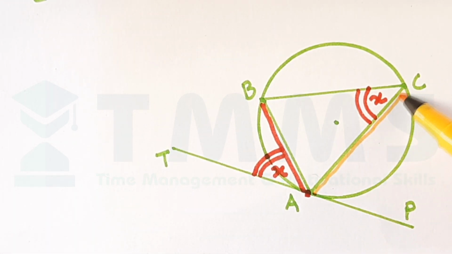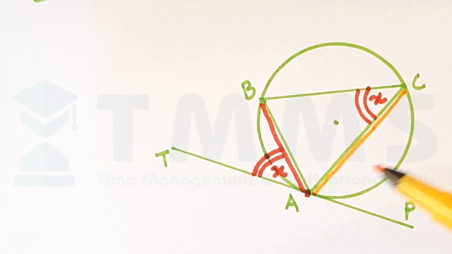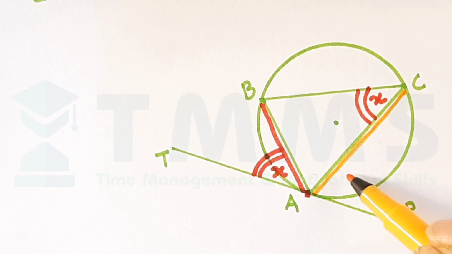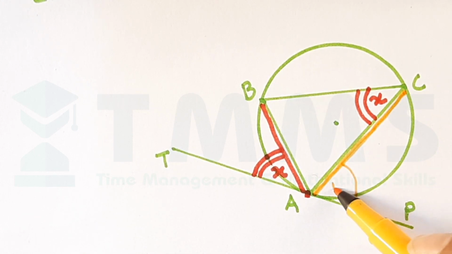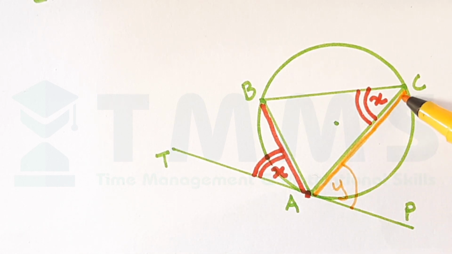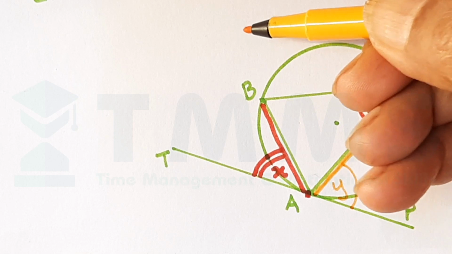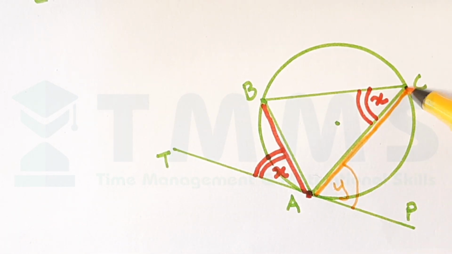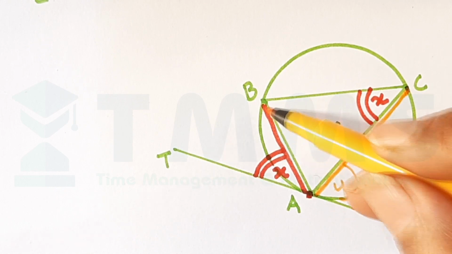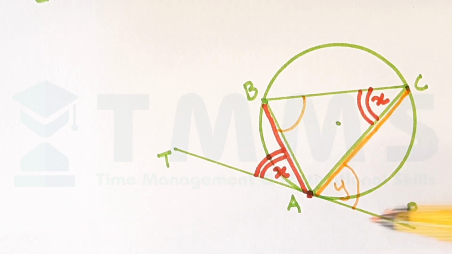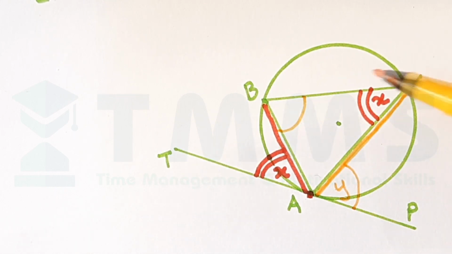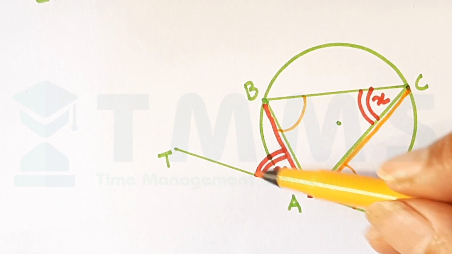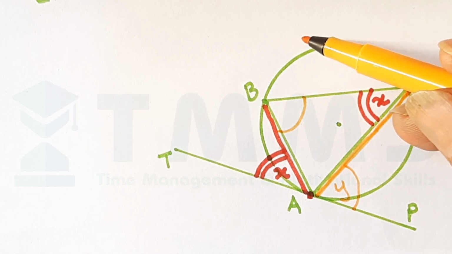Now, let us look at this chord. This yellow chord is also making with this tangent this angle, which I'll call y. Now, this chord is making in the other segment another angle. Take points A and C and go this way and this way. Which angle do you get? Angle ABC. Isn't this angle ABC the angle in the other segment, in the alternate segment?